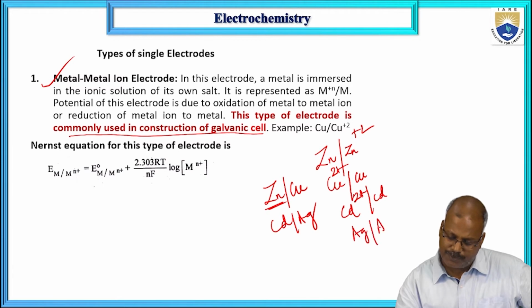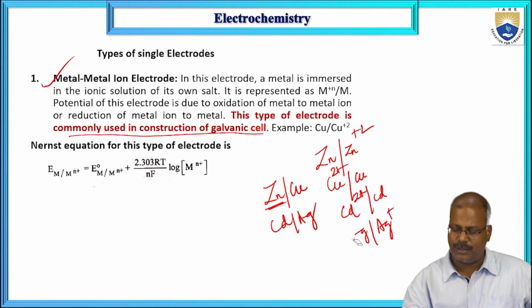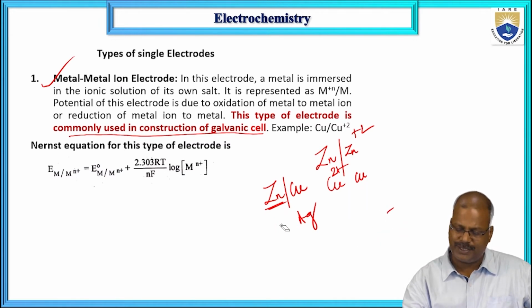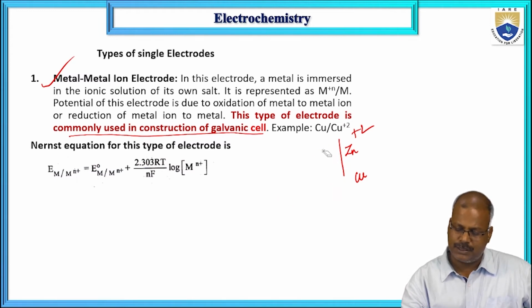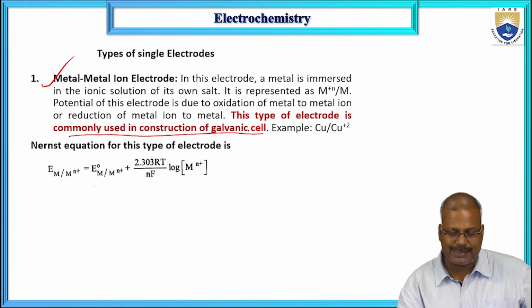Ag with Ag+, like that. Okay, metal with metal ion electrodes. This is used in galvanic cells. We have seen that before in the last session. So this type of electrode, the metal ion electrode, is commonly used in the construction of a galvanic cell.